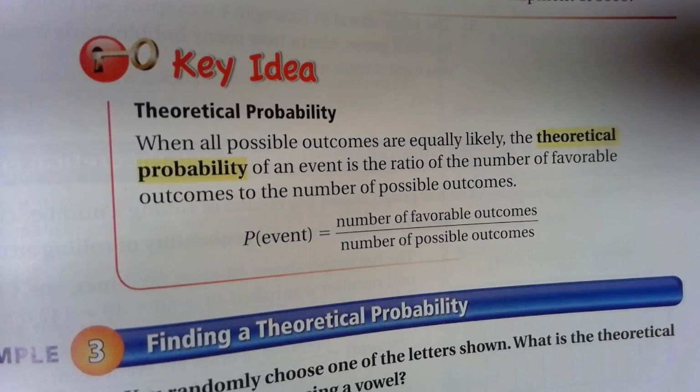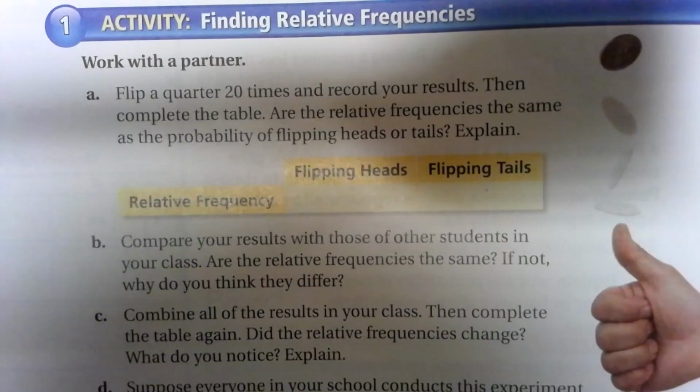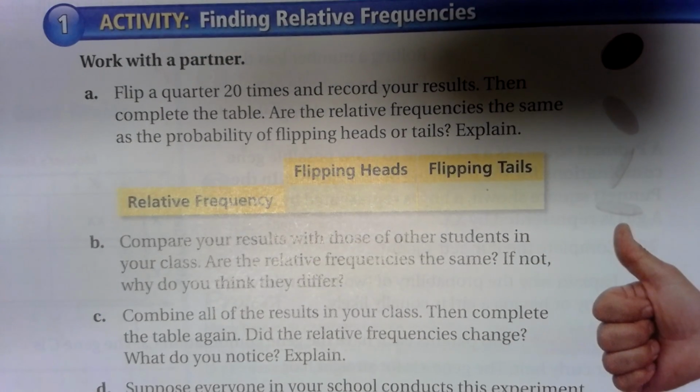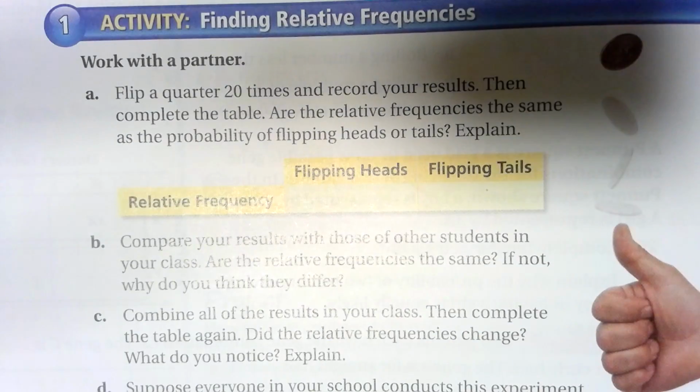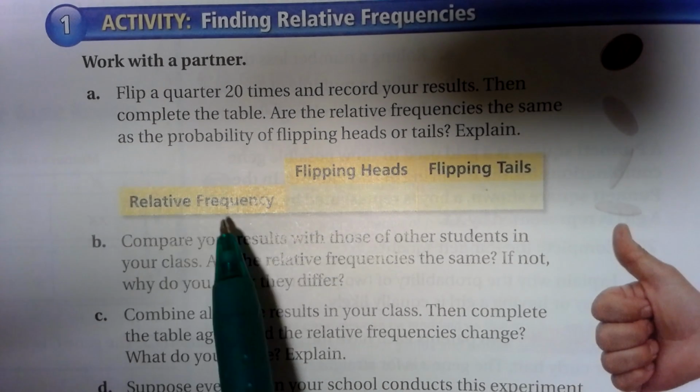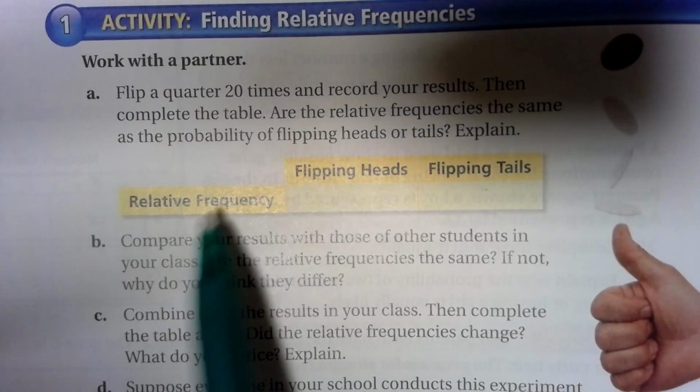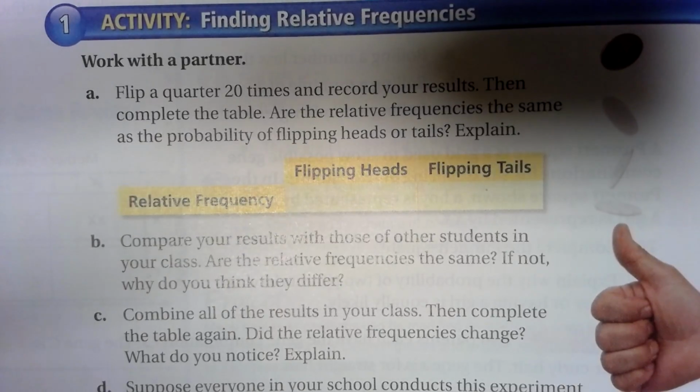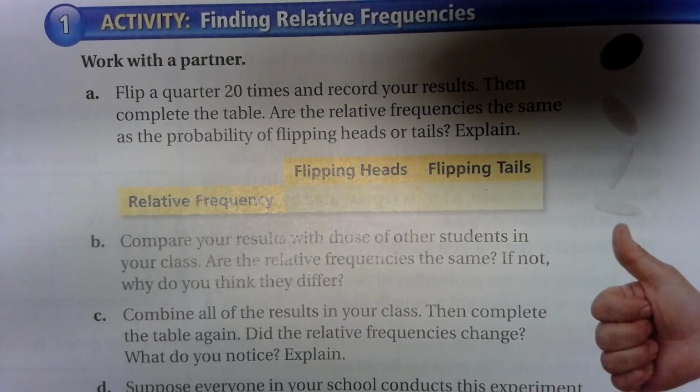I want to show you an example of a fun experimental probability. We're taking a look at flipping heads or tails. Now, the book describes something called relative frequency, and that is just saying the number of times your event occurs over the total number of times you conducted the experiment. So really, it's the same thing as your experimental probability.